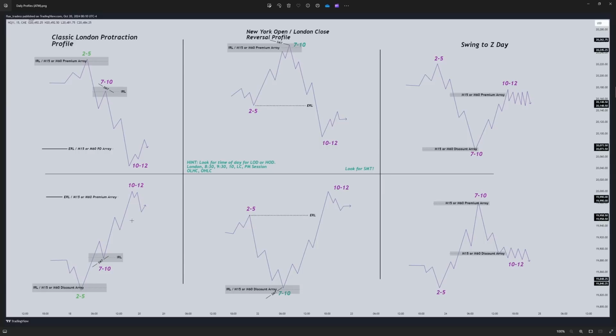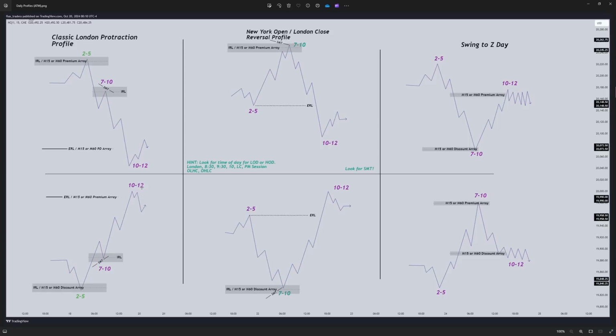So if we look at this bottom left one, this 2 to 5 in green is our London Open, our 7 to 10 is our New York Open, and then 10 to 12 is our London close. I know that these times are kind of funky. I think these are the correct timings for Forex. But if you just study and apply these times to this kind of profiling, it works.